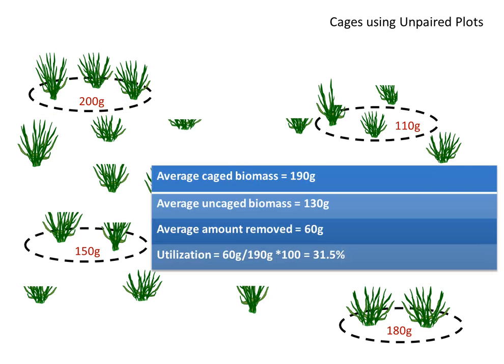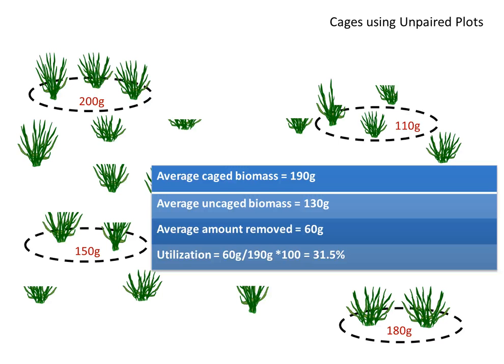The calculation is slightly different because there are no pairs. We simply calculate an average biomass from the caged plots and an average biomass from the uncaged plots. And then we calculate utilization by dividing the amount of biomass that was removed by the total amount produced.